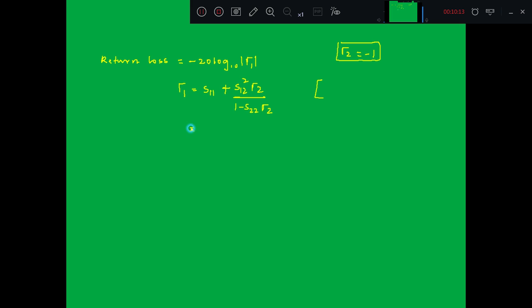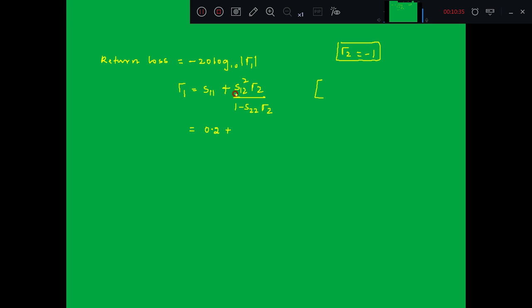Therefore, what is S11? The first element of the S matrix. Is that 0.2? Yes. So tau 1 is equal to 0.2 plus S12 square. What is the second element of the first row, S12?